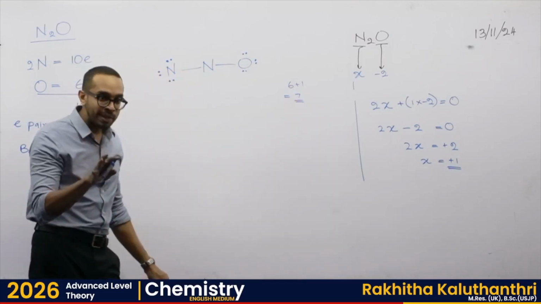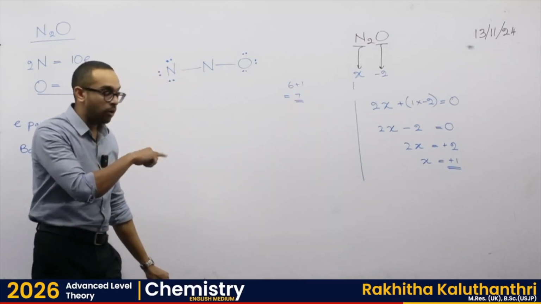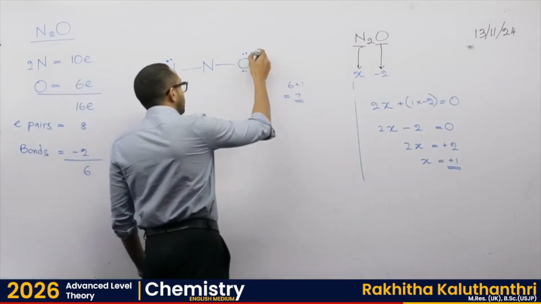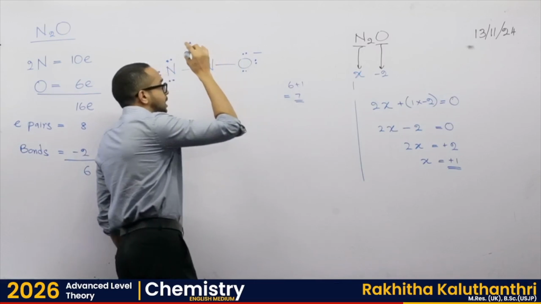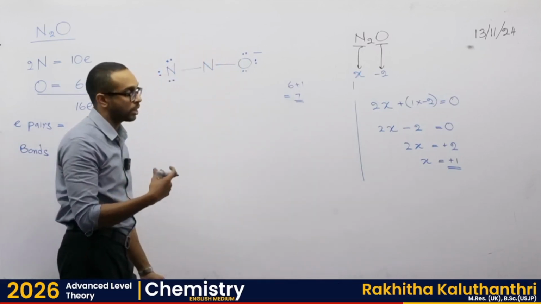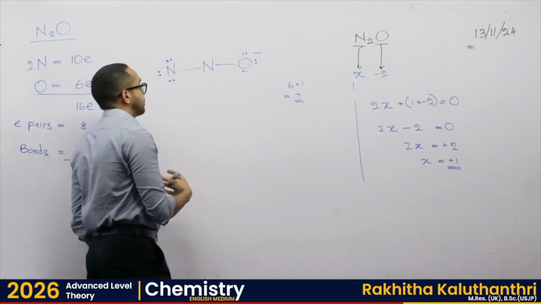Oxygen has only 6 valence electrons, so it has 1 electron more. Therefore the charge over here is 1 minus. Having an additional electron causes oxygen to have a formal charge of 1 minus.